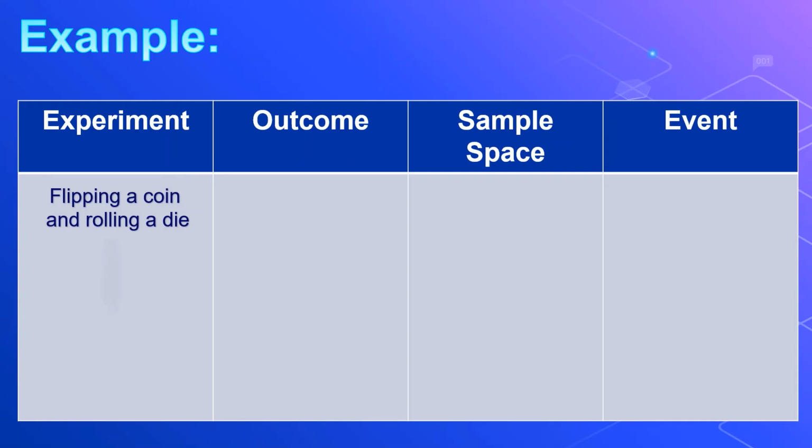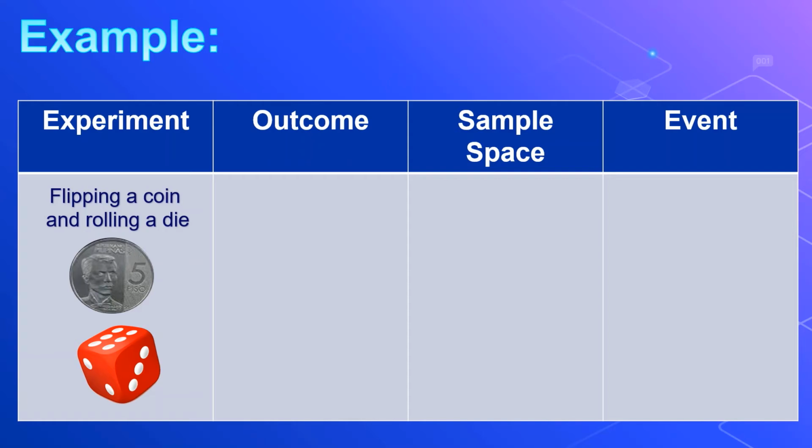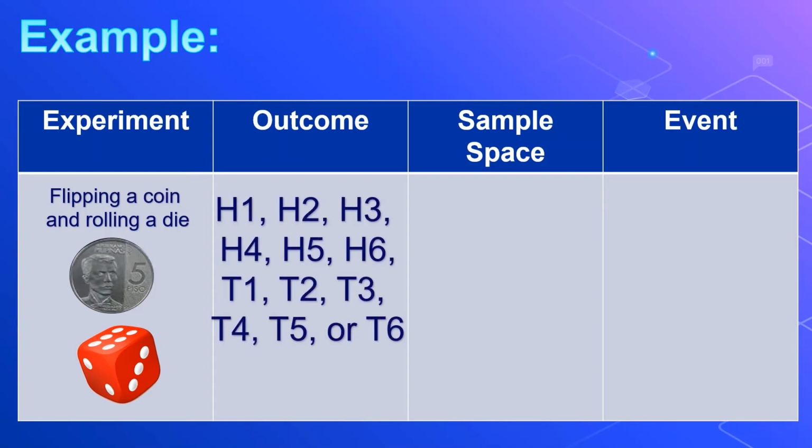In the experiment, flipping a coin and rolling a die, the possible outcomes when we flip a coin and at the same time roll a die can be a head and number 1, a head and number 2, a head and number 3, a head and number 4, a head and number 5, a head and number 6.